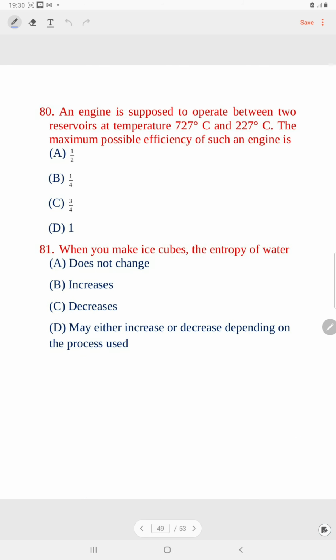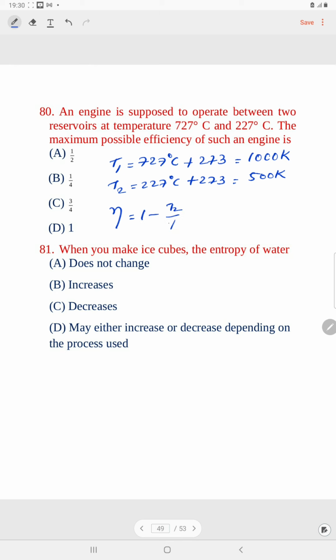Next, an engine is supposed to operate between two reservoirs at temperature T1 is 727 degrees Celsius. Convert that into Kelvin by adding 273, which is going to become 1000 Kelvin. The sink temperature is 227 degrees Celsius. Adding 273 to it, it becomes 500 Kelvin. Then the efficiency will be equal to 1 minus T2 by T1.